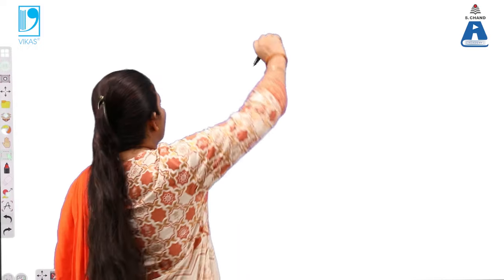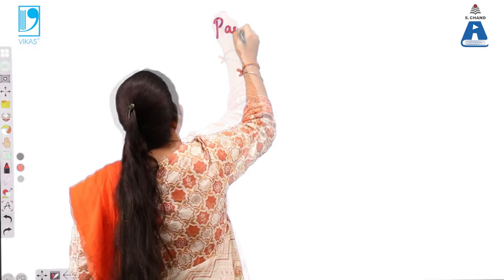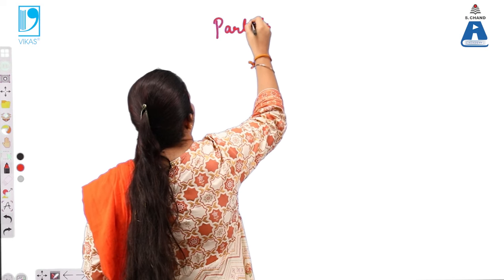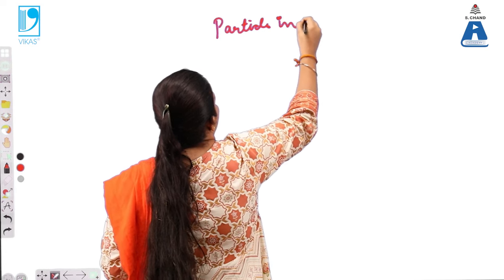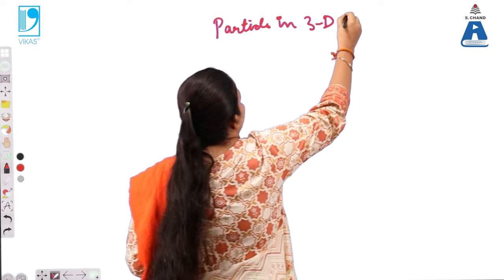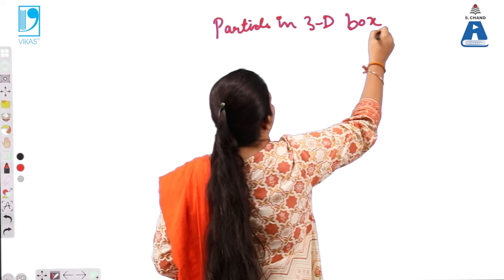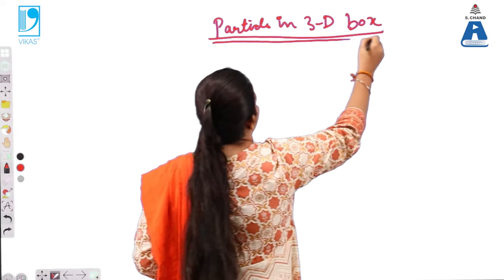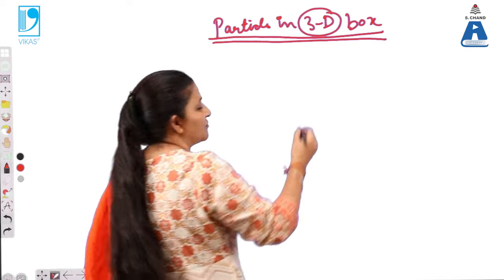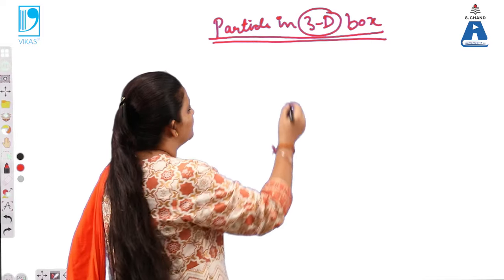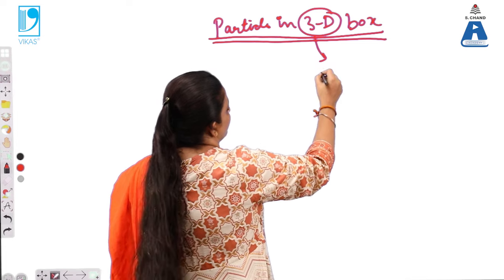So let us begin with this topic. The next topic is the particle in 3D box. Now what is the meaning of 3D? It means the particle is fixed in a three-dimensional box.